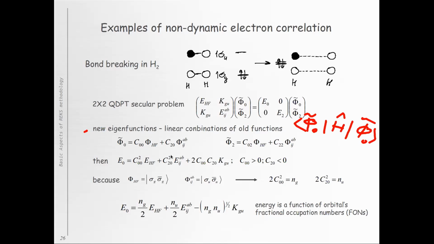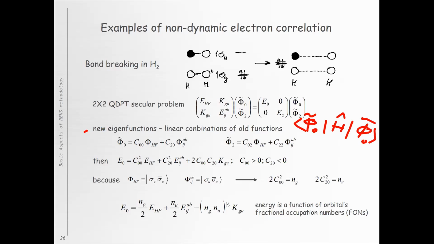Because the electronic configurations have fixed occupation numbers, 2 in sigma u or 2 in sigma g, I can associate these weights with fractional occupations of orbitals, as if these two orbitals were fractionally occupied. This is in some way a model description, but I can always introduce such a concept as fractional occupation numbers of the respective orbitals.